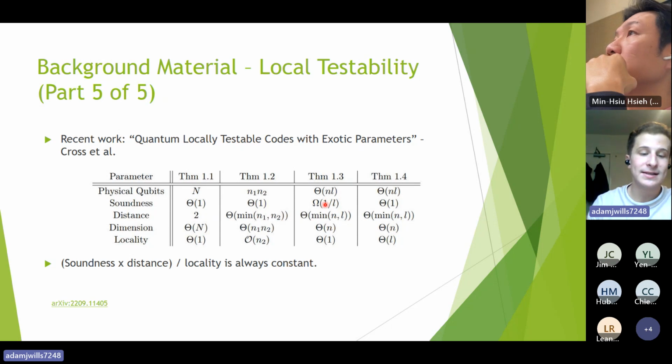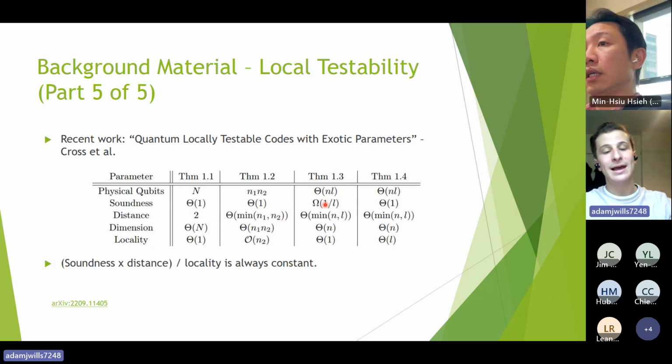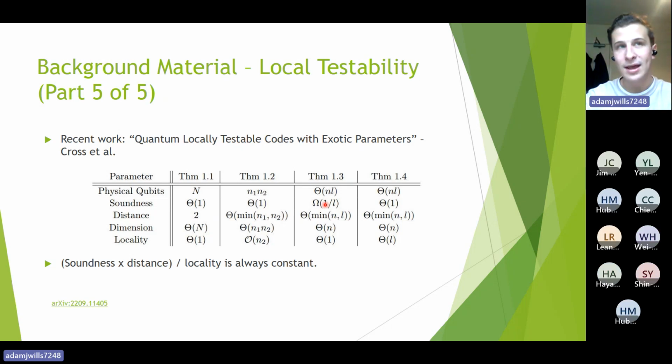And so as distance rises, they have to sacrifice either soundness or locality. And this quantity, soundness times distance over locality, is an important one to consider in the theory of local testability. And it's something that we might want to require to be greater than a constant.